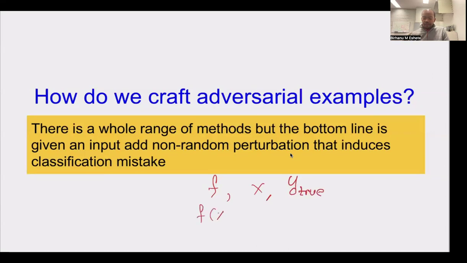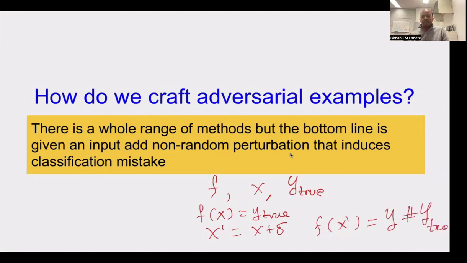If f classifies x as y_true, now as an adversary, you want to produce x prime by adversarially perturbing x with this adversarial perturbation delta, such that f of x prime is misclassified as y, and depending on the threat model, targeted versus untargeted, this y could be any y different from y_true, or this could be a specific class that you target.